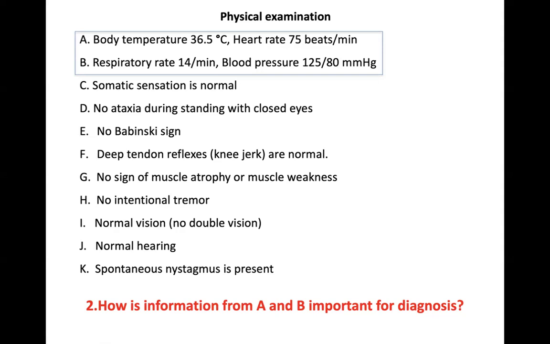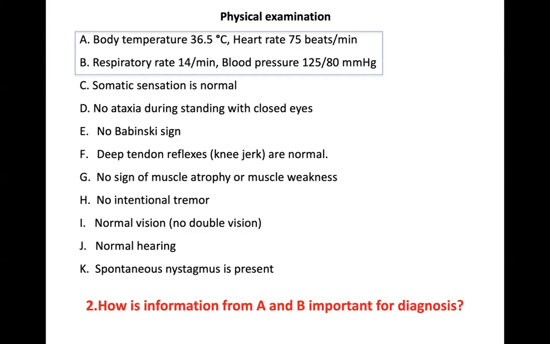With the information from A, they record the body temperature and the heart rate. In this case study, this is a normal body temperature and heart rate, so it means that there is no infection or fever. With the information from B, they record the respiratory rate and the blood pressure.